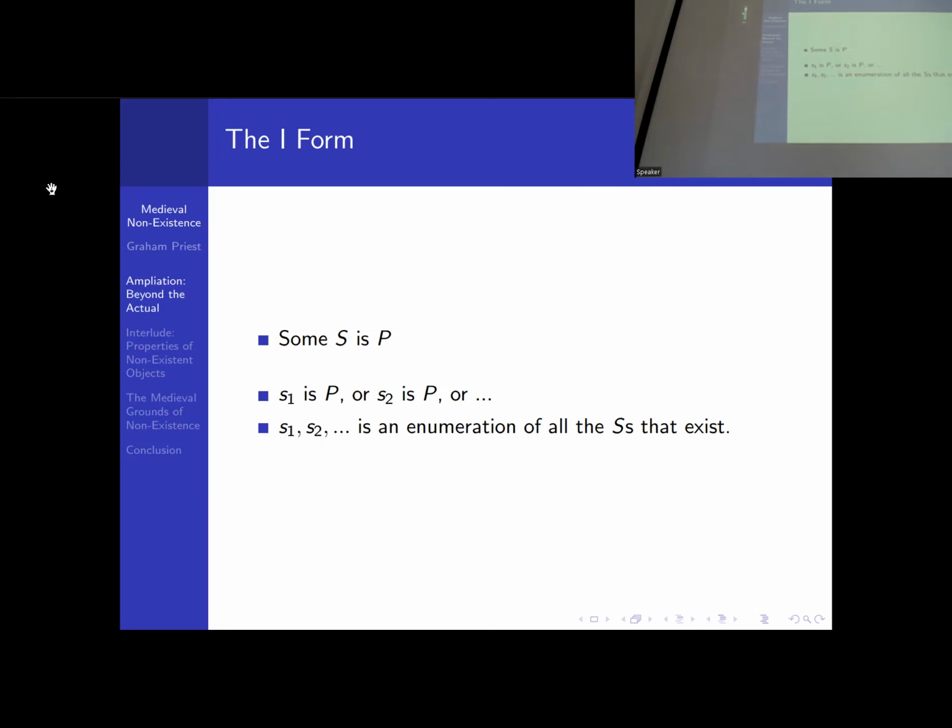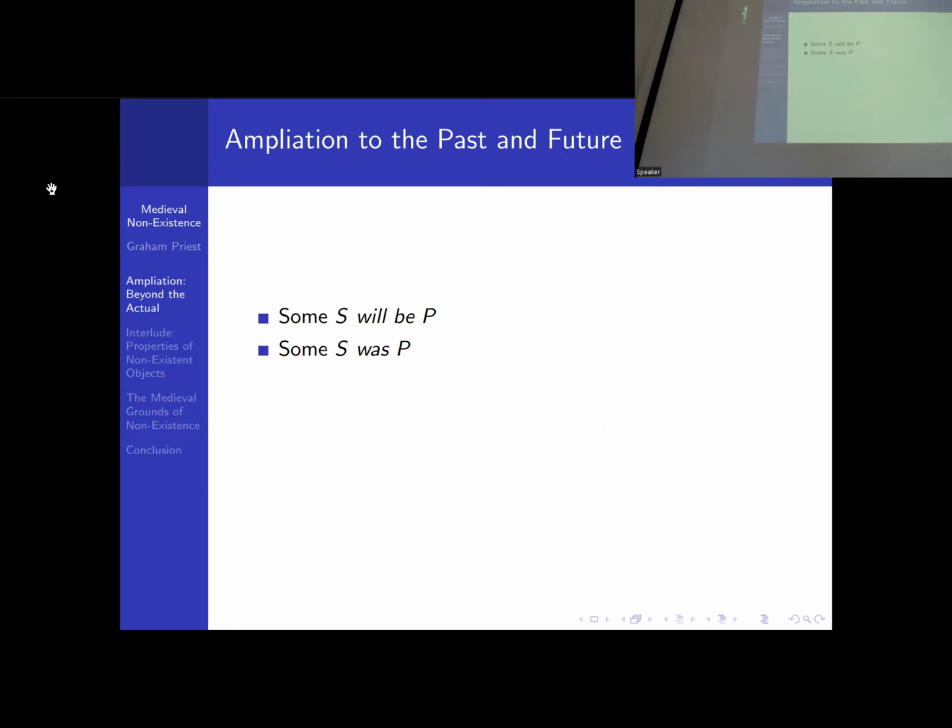So far, so good. But the "is" we take seriously as tensed. So the "is" there is present. The verb is tensed and can be qualified. So what about future and past tenses? Well, okay, what about some S will be P or some S was P?